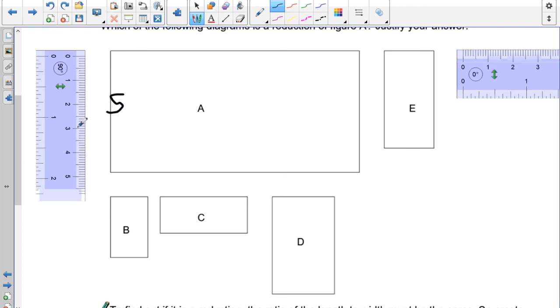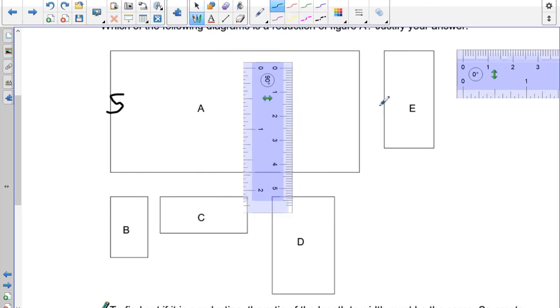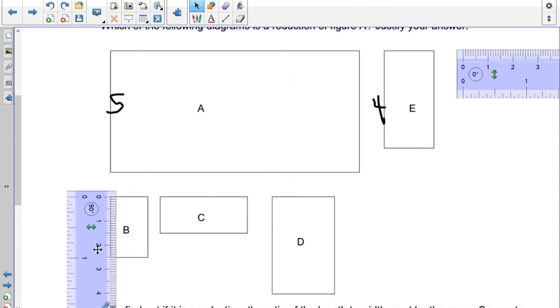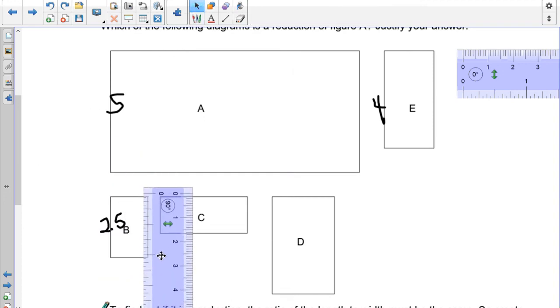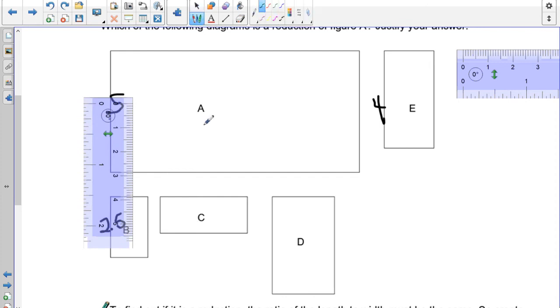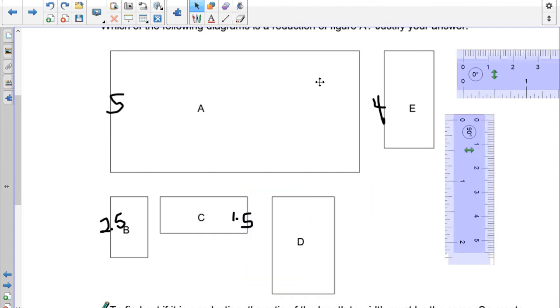I'm not going to put the centimeters in, I'm just going to do it, okay? All right, this over here, that's 4. All right, this here, that's 2.5. All right, and this here, that's 1.5. And this over here is 4.